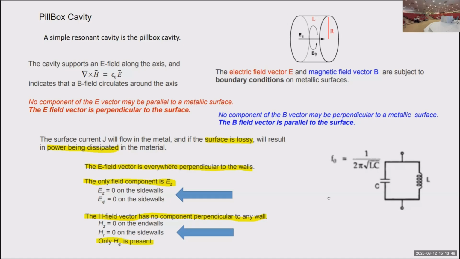But the electric field must go through the walls. You can see it from here, and the other components can be written like that, and this one is the frequency with lumped elements.